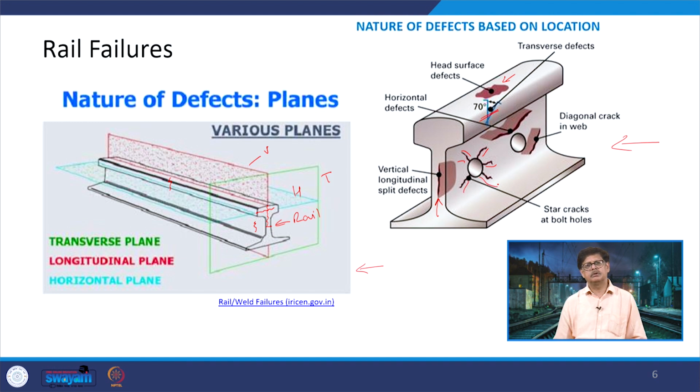So, it is termed as a star crack at the bolt holes. This is a diagonal crack which is occurring. There are horizontal defects which occur maybe like this, and the same things may occur here also, or at this particular portion or at this portion. So, therefore, there are different ways in which these cracks may occur, propagate, and finally may cause the total failure of the rail. So, you need to then in that case go for a complete renewal.